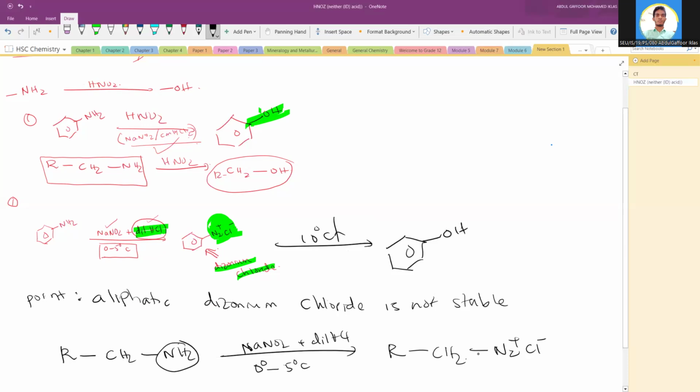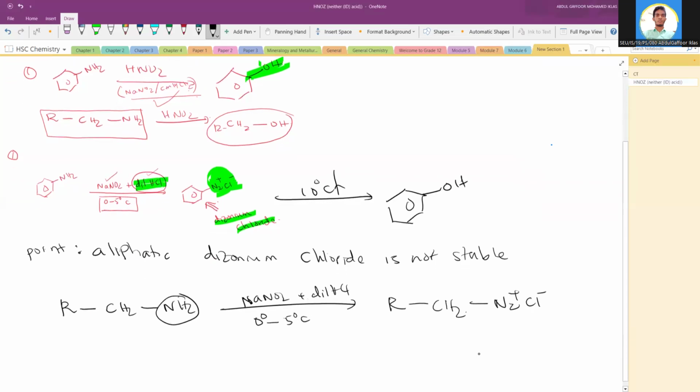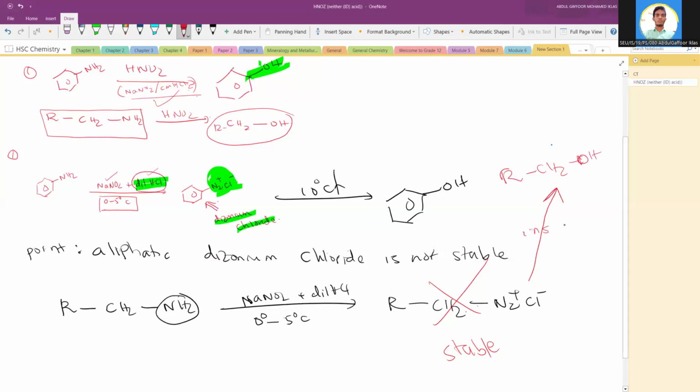But this aliphatic diazonium chloride is not stable. It will quickly convert to alcohol, so it will become RCH2OH, instantly. So have you understood this?